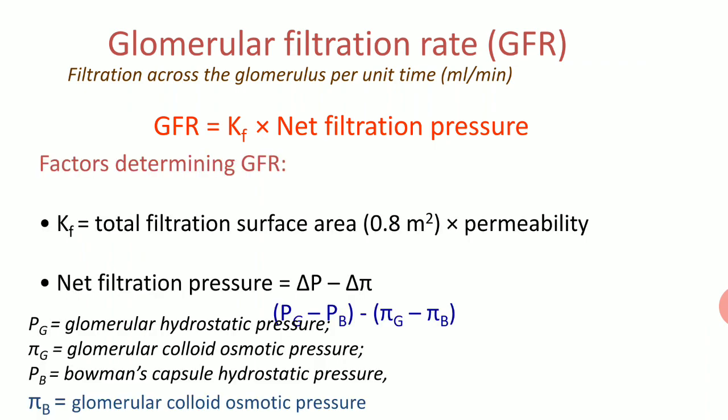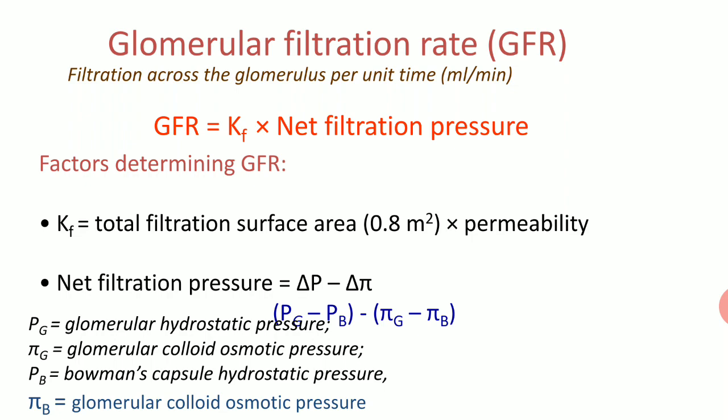The factor determining glomerular filtration rate is the filtration coefficient, which depends on the total filtration surface area multiplied by permeability, and the net filtration pressure is simply the Starling forces, in which hydrostatic pressure minus osmotic pressure.